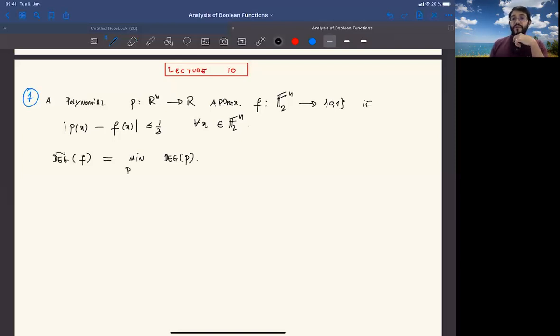So for instance, f has a multilinear expansion. We already saw that. If we use the multilinear expansion of f, that's a polynomial of degree exactly the degree of f, which approximates f even with error 0, because it's identical. And so we definitely have that the approximate degree is less or equal than the degree of f. So I'm putting these things as lemmas, so let me put a lemma, sort of an obvious lemma.